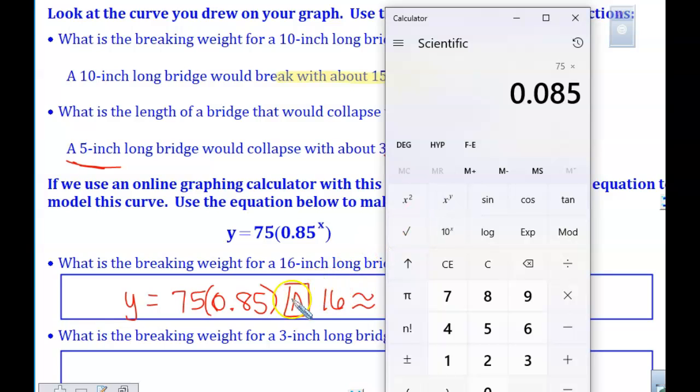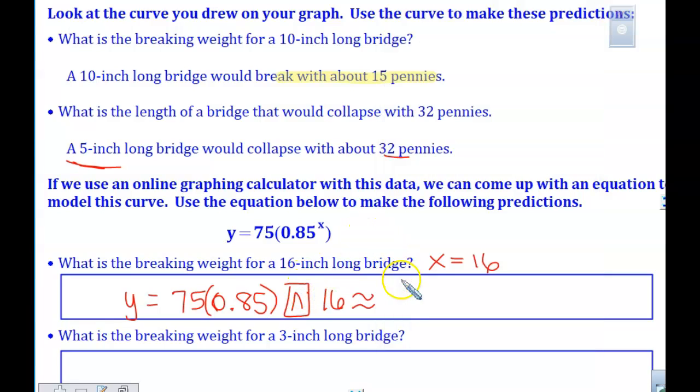Some of your calculators will have X to the Y or Y to the X. Notice up here, you see it as a caret. What do you want to raise it to? I'm going to say 16, and I hit equal. How many inches should it be? About 5.5, right?